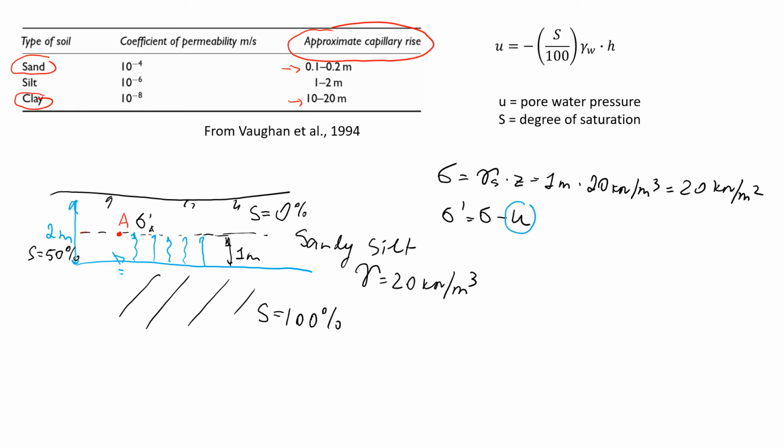If we look just right above point A, there is no water, and pore pressure will be 0.